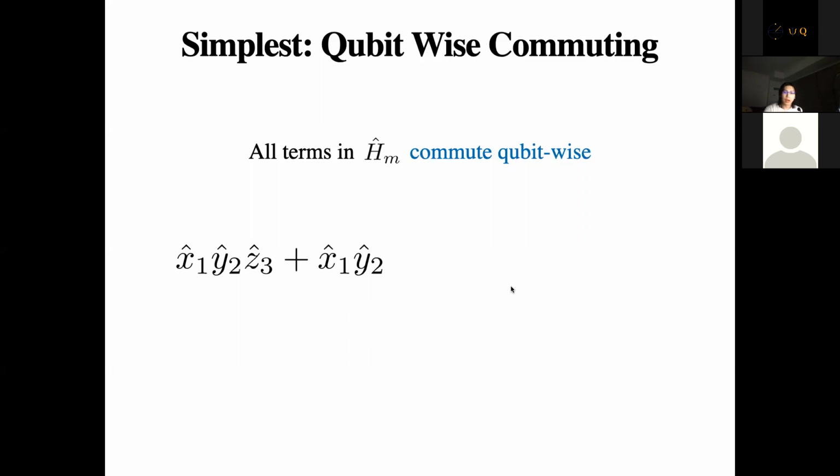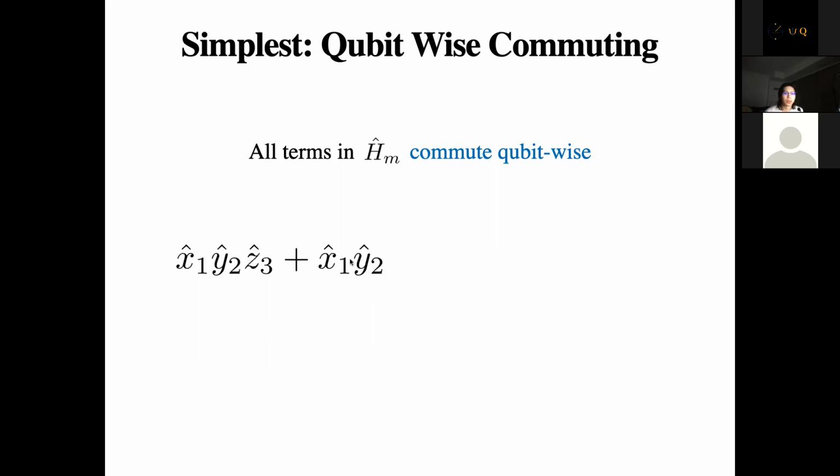In our case, commuting qubit-wise is something a little bit different. We're requiring that on each qubit, the operators we have share an eigenbasis. For our case, this essentially means all of the terms that you measure have only one of x, y, or z on each qubit.